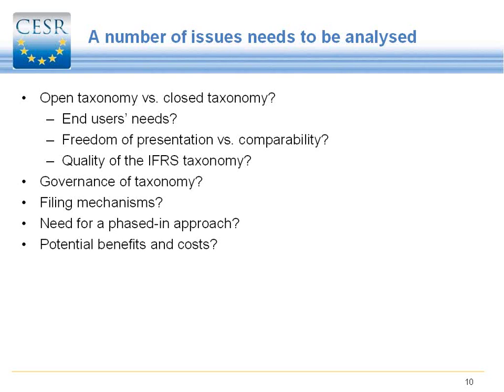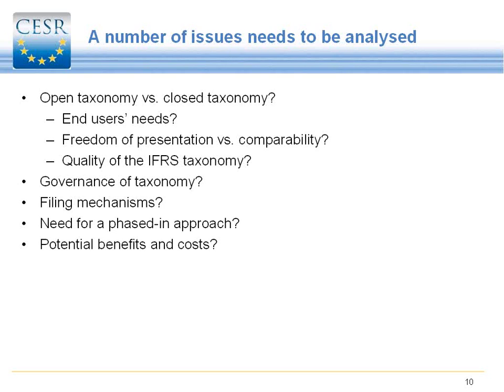We are also analyzing whether there is a need for a phased-in approach. This is partially linked to the fact that the IFRS taxonomy has not been field tested in several hundreds or thousands of companies.